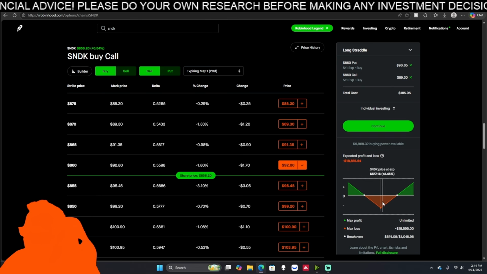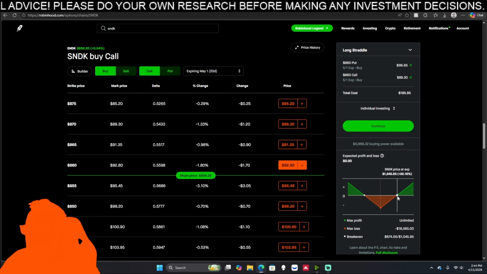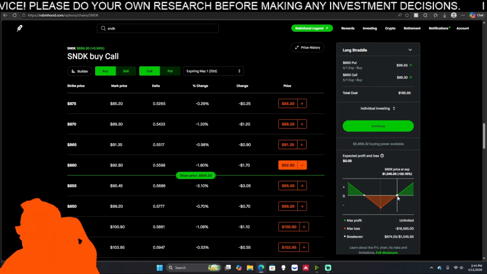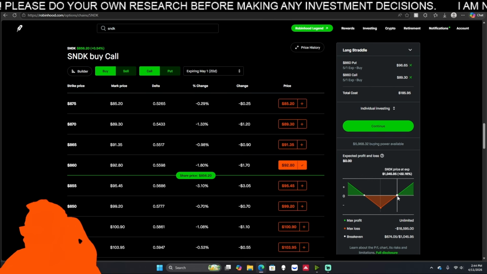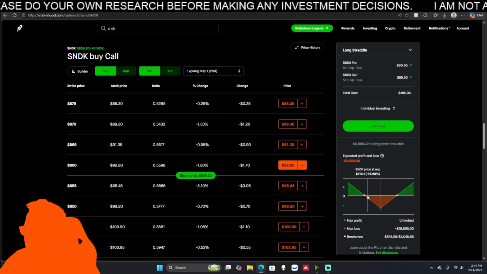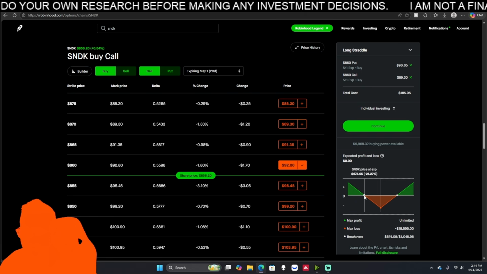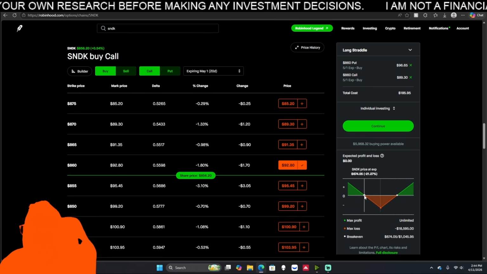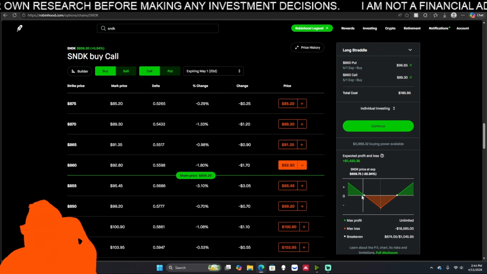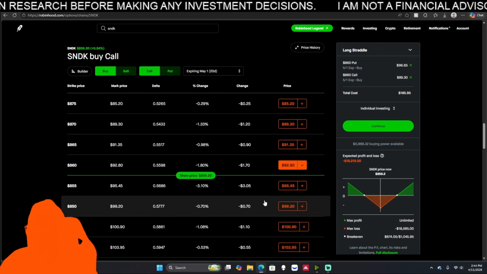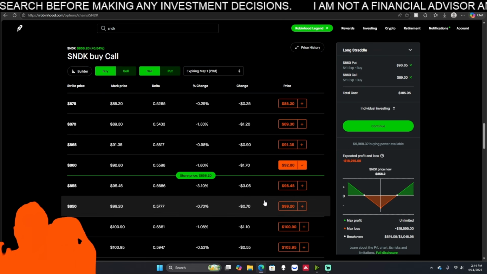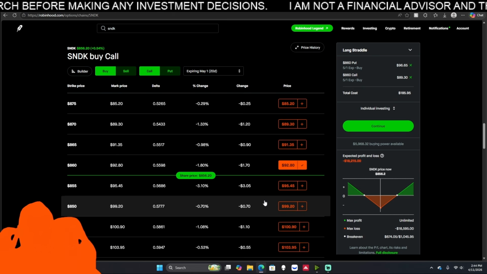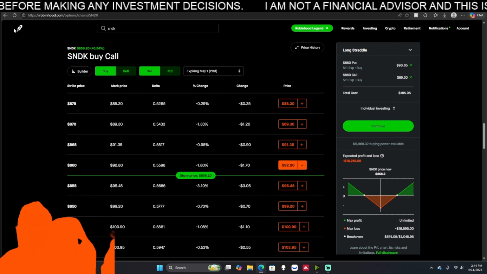So right now, SanDisk is pricing in a move between now and May 1st of about 22% in either direction. Big move. I don't know what the expected move is for their earnings, but that's what some people have loved to do, to use straddles and strangles to figure out the expected move and use that as your guideline. So that is it for today's video.